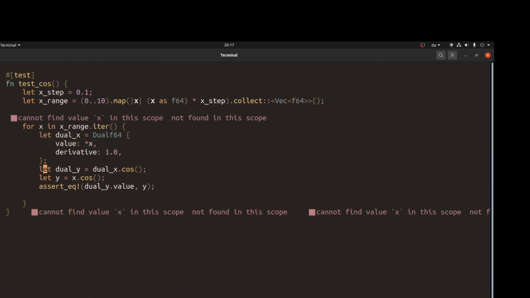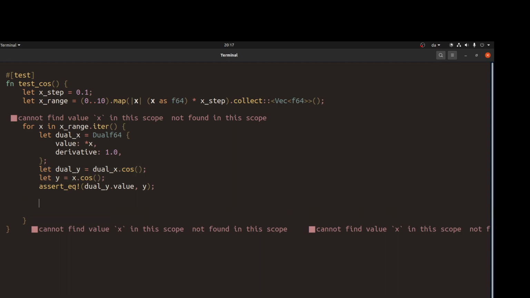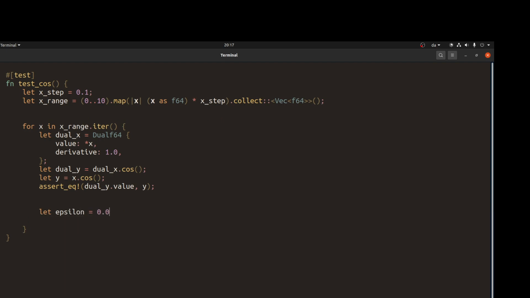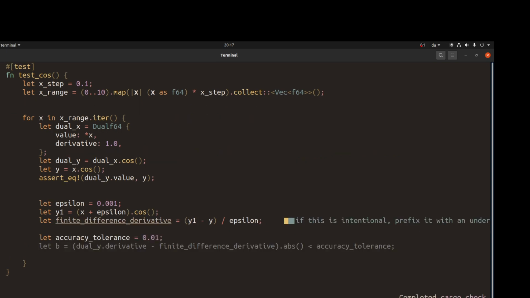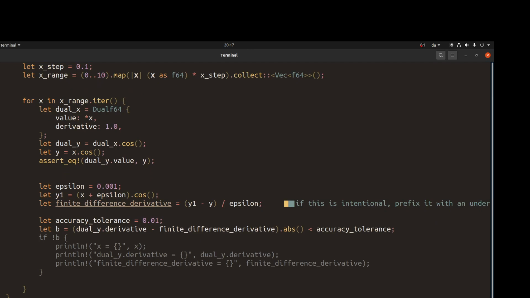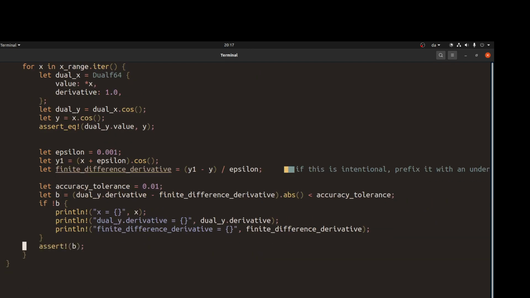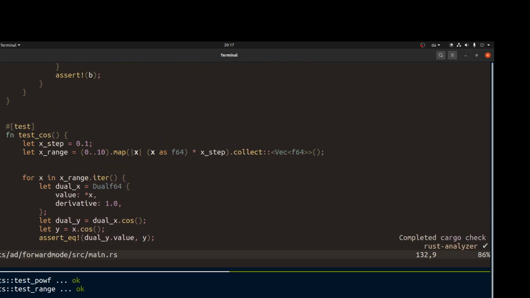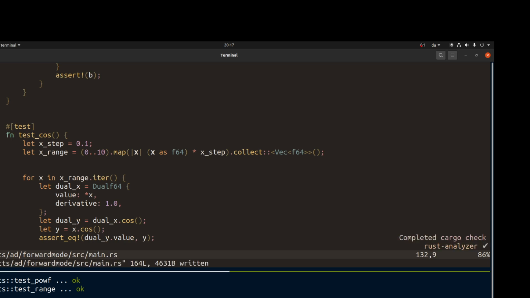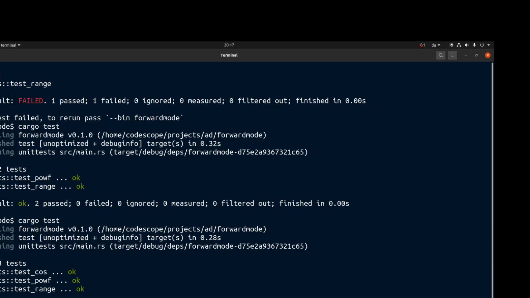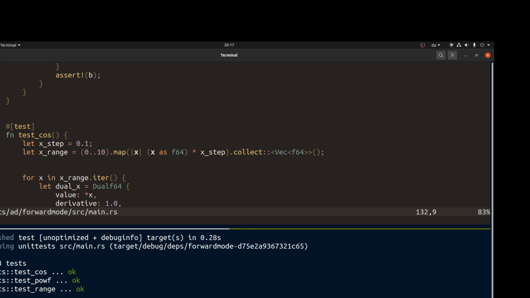Dual x is easy. And here we assert on the value. So let's again do the finite difference thing. And Copilot is very handy here because it's very similar to what we had before. So let's run that test. And okay, it ran 3 tests, it just didn't show it right away.